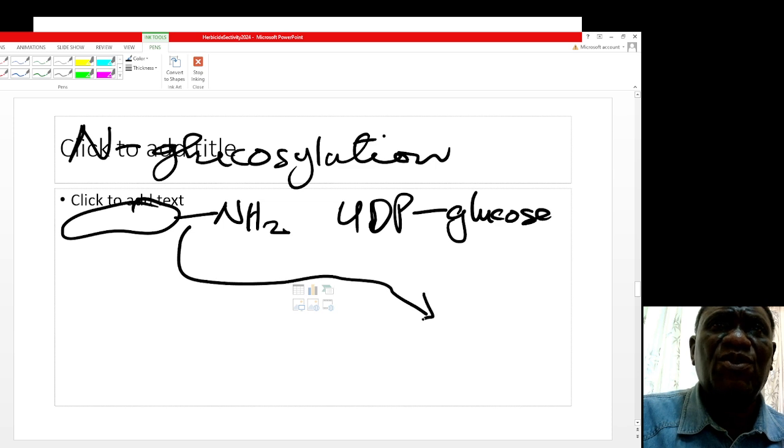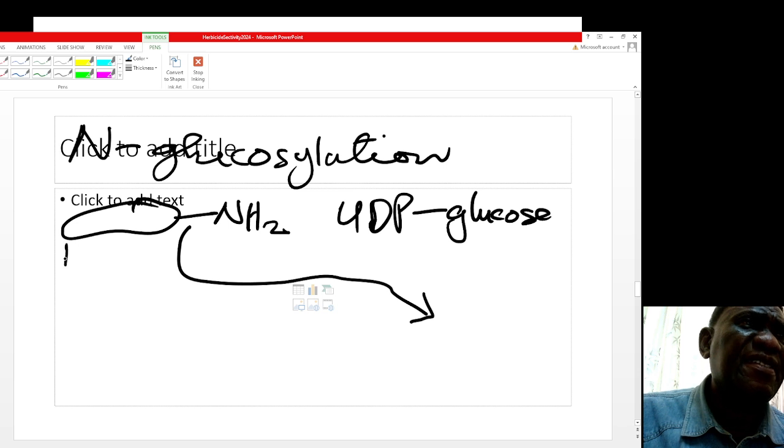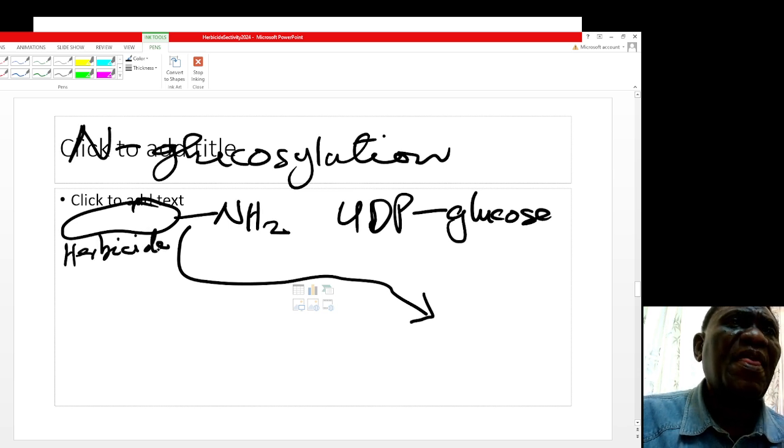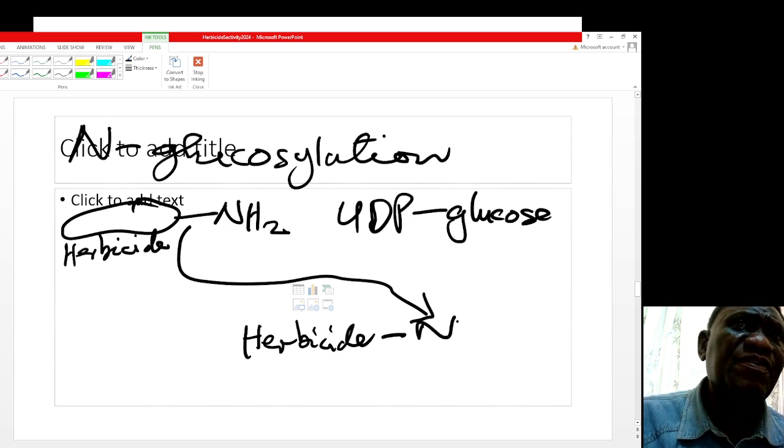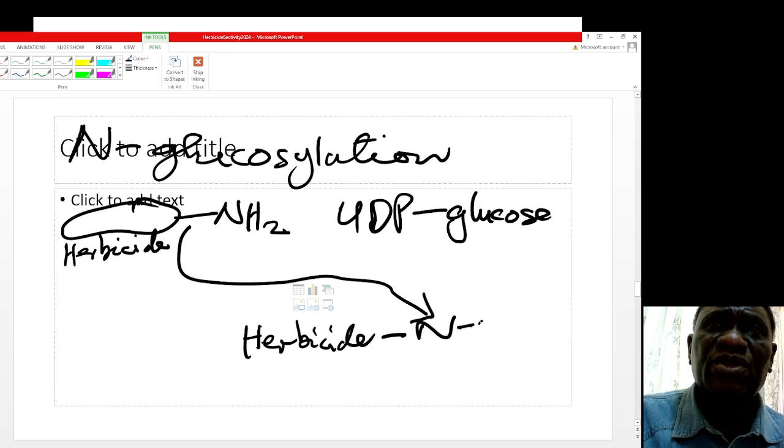This one will produce the herbicide N-glucose.